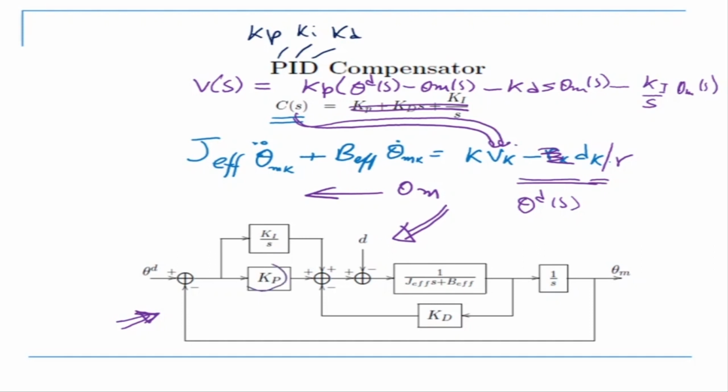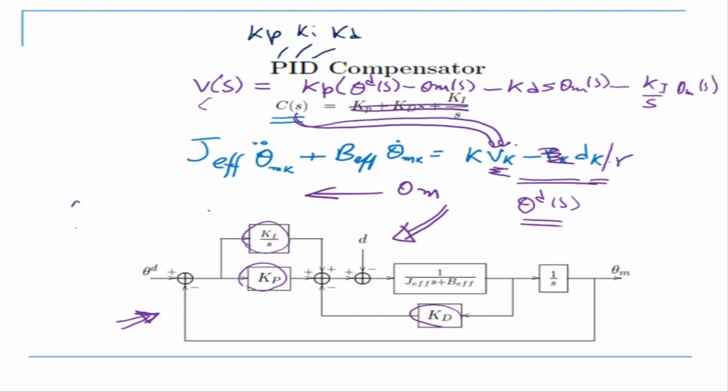Kp is here, Kd is here. We are adding a Ki by s. The procedure is exactly the same. Take Vs, put it inside here. Take all the terms having theta ms on the left hand side, and on the right side you'll be left with theta ds and dk, which is the dynamic torque.